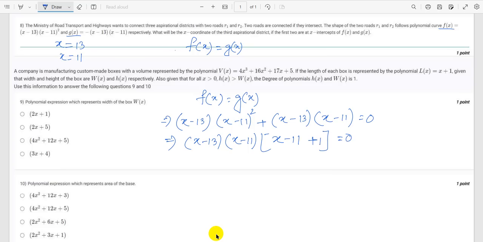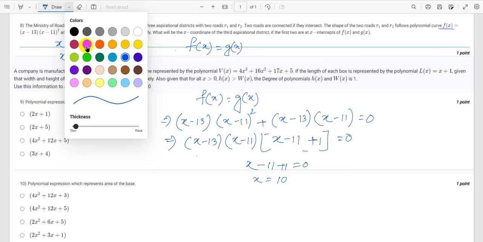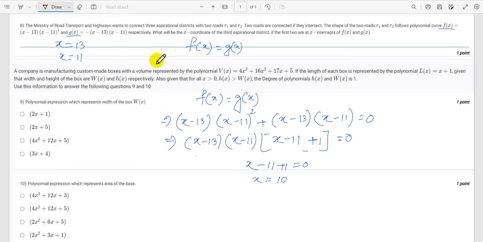Now we get the first 2 districts from these, and to get the third aspirational district we have to equate this term with 0, right? So x equal to 10. This is the x-coordinate of the third aspirational district. So our answer is 10.